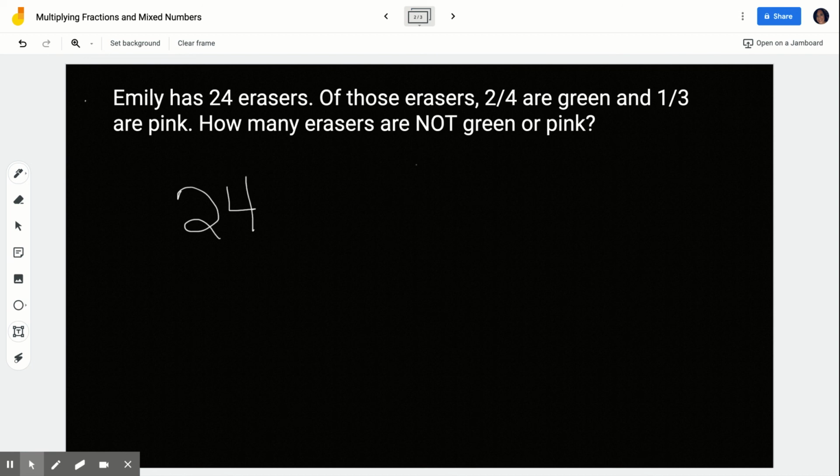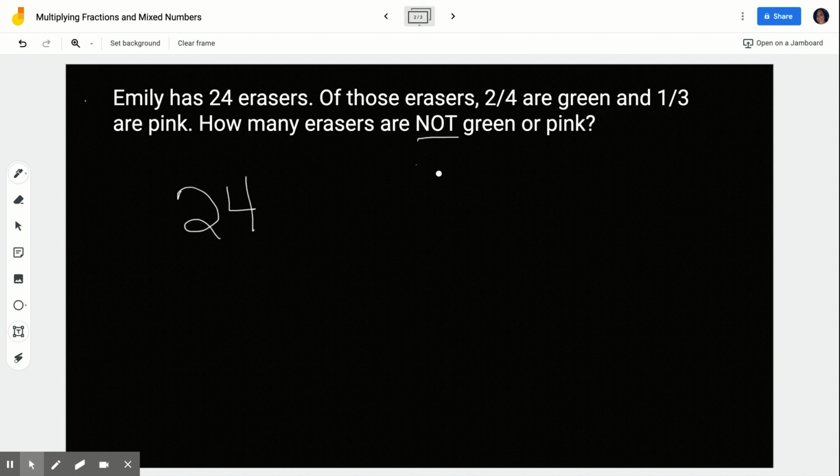How many erasers are not green or pink? This is always a little challenging in 5th grade because it doesn't have the words "as much as" or the word "times." So you really need to use critical thinking skills to pull out of the problem that we're trying to figure out a fractional part of the number 24 for green erasers and a fractional part of the number 24 for pink erasers.